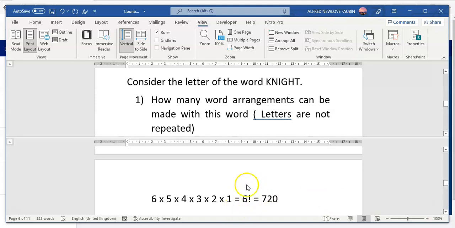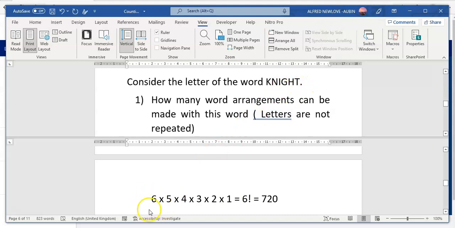So this factorial comes in. So how many letters? 1, 2, 3, 4, 5, 6. 6 letters. Now 6 letters, we have 6 spaces to fill, because all the letters must occupy 1 space.